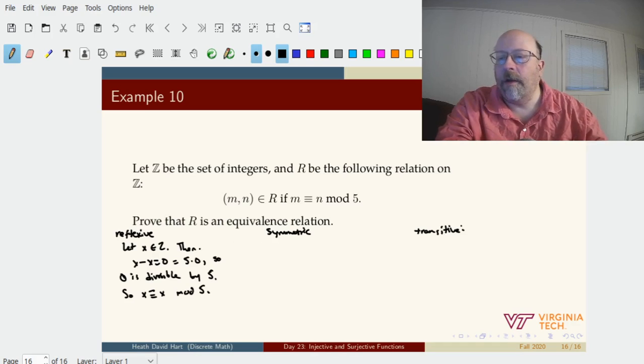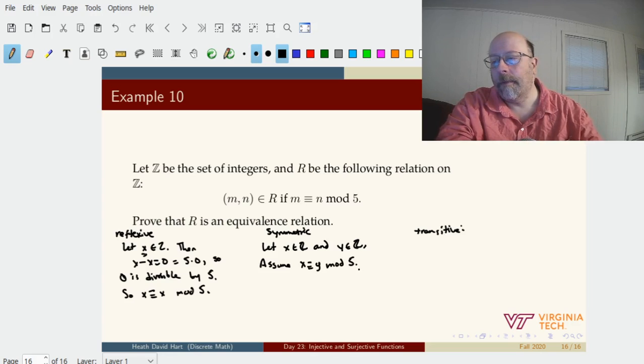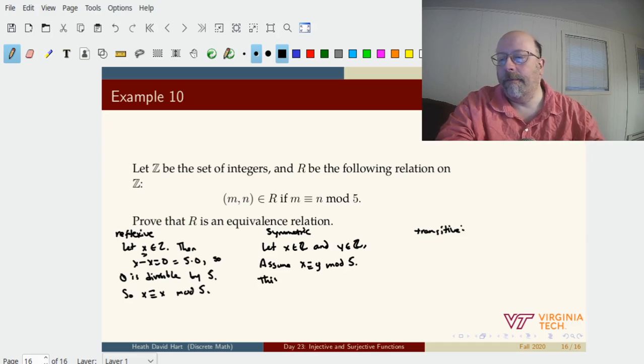So symmetric, we're going to start out with, instead of just letting one number be in Z, let x be in Z and let y be in Z. Okay? We're going to assume that x is congruent to y mod 5. Okay? This means y minus x is a multiple of 5.